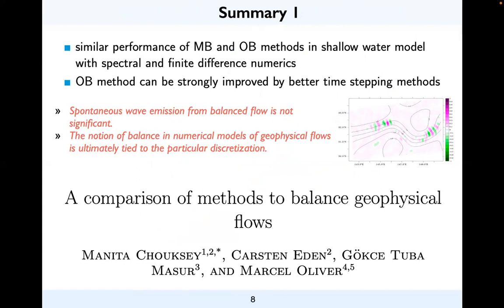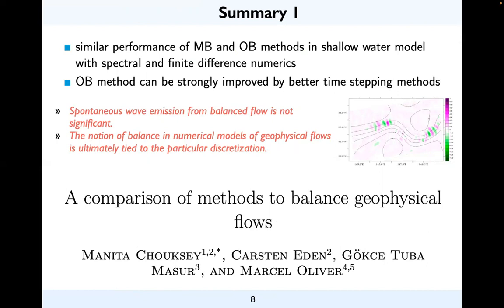But in optimal balance, if we try different time stepping methods, there's a strong improvement. We have also checked this for 3D, and the results are similar. But the take-home message is that the spontaneous wave emission from balanced flow is not significant in these settings. And the notion of balance in numerical models of geophysical flows is really tied to the particular discretization.